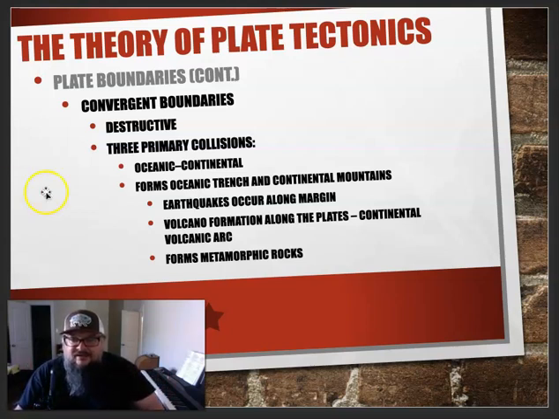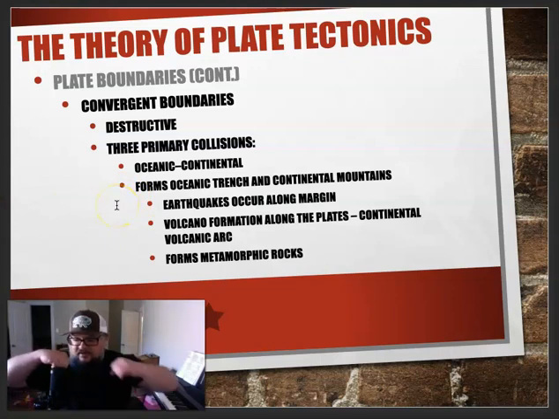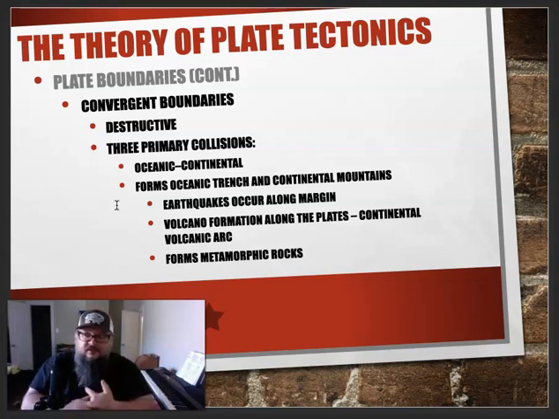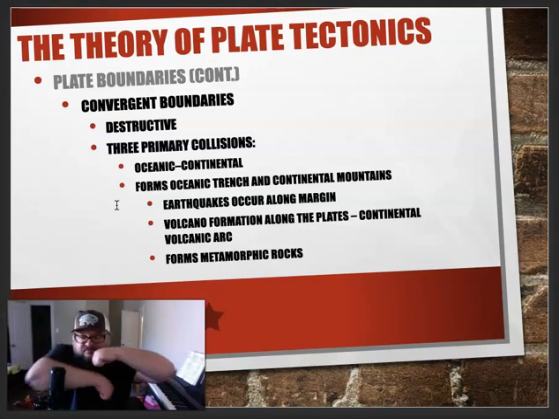At an ocean and a continent, we talked about this a little bit yesterday. This happens when you have an oceanic plate and a continental plate coming towards one another, and when they come together, the more dense of these two plates, which is the oceanic plate, is going to end up getting pushed underneath. We call that subduction, and that creates those big, deep ocean trenches.